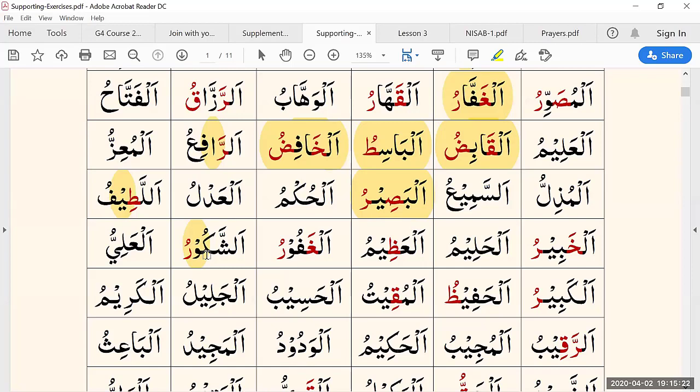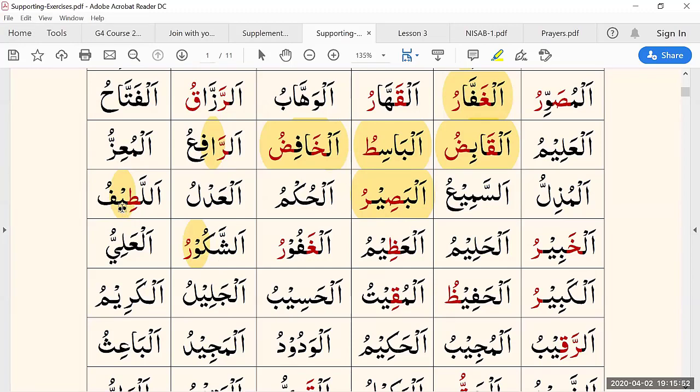Yes, that's right. The rule we have to apply is to prolong this alif for 2 seconds, this ya for 2 seconds, and this waw for 2 seconds, and it is a jazm word. These are called huruful mad: alif, waw, and ya.